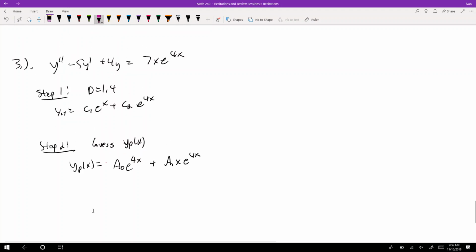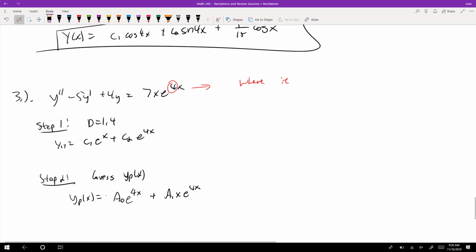Well, the idea is the following. This is where it went wrong. You have c x to the k e to the ax, right? That's the general form of this guy.